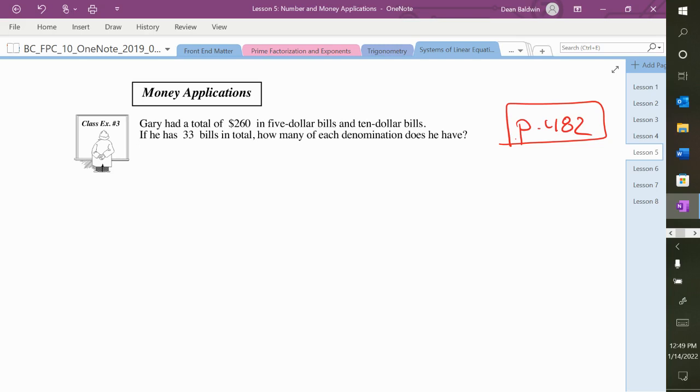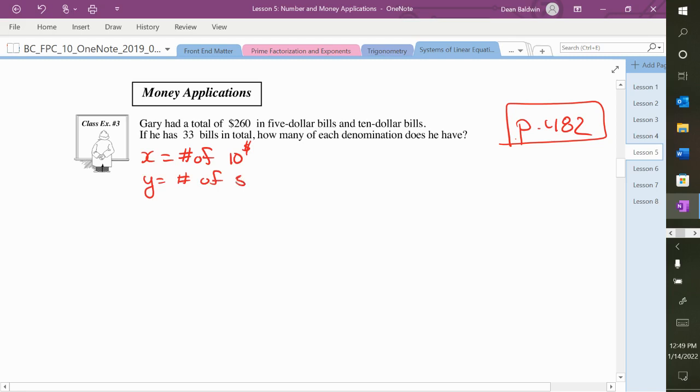Okay, you have to make 2 equations. First thing you have to figure out is, do you want X to be the number of $10 bills or the number of $5 bills? What do you want X and Y to be? X is the number of $10 bills. And therefore, Y is the number of $5 bills.